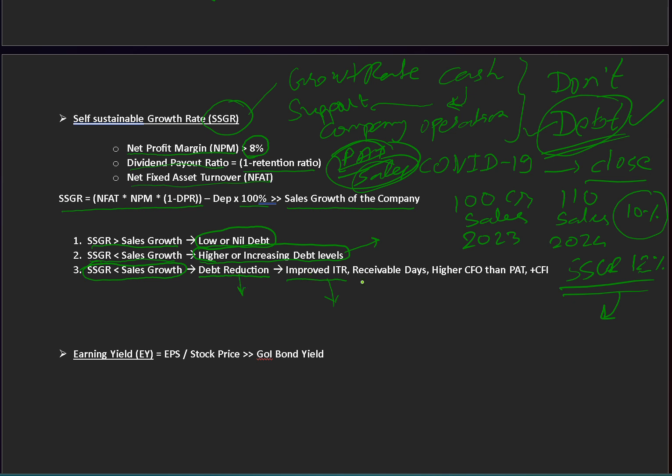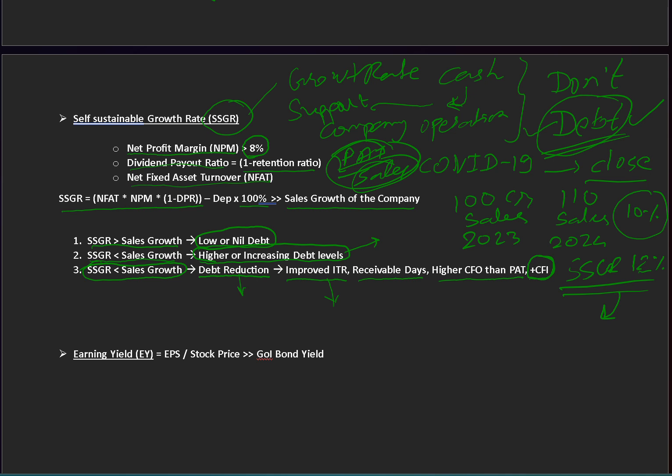Also, you can check through receivable days, higher CFO than PAT, and positive cash flow from investing. So these are all signs we can check to see how SSGR affects the company.